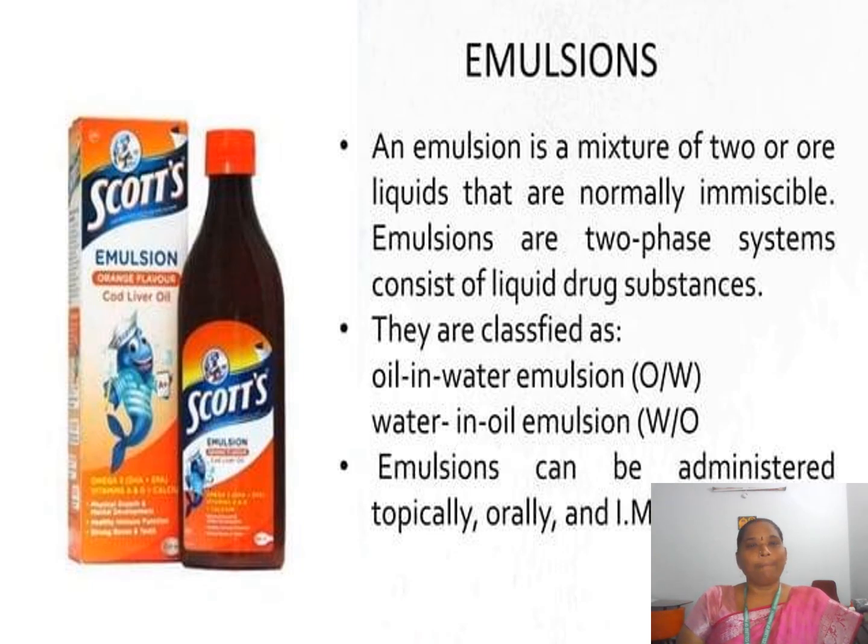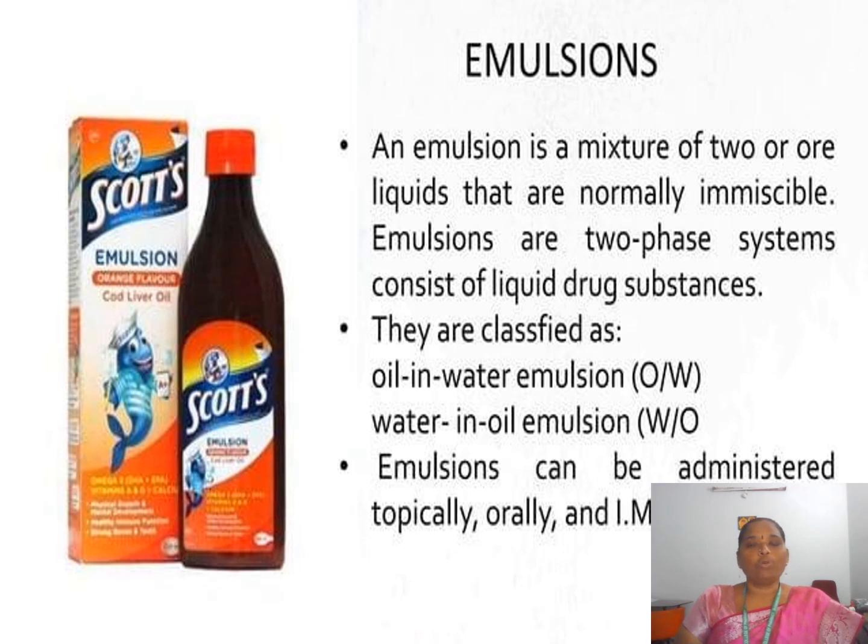Next are the biphasic liquid dosage forms, in which we will have two phases. So that is known as biphasic. Emulsions: an emulsion is a mixture of two or more liquids which are normally immiscible. These consist of two phases, consisting of liquid drug substances. When the drug is not soluble in a suitable solvent, then we can go for emulsions.